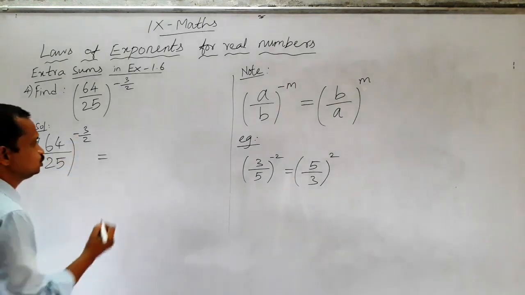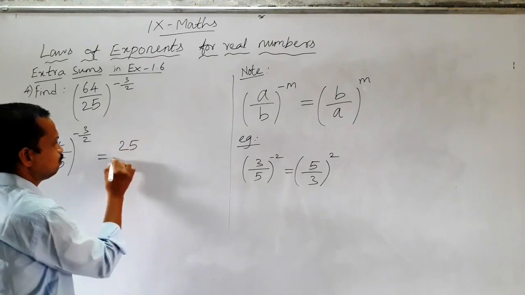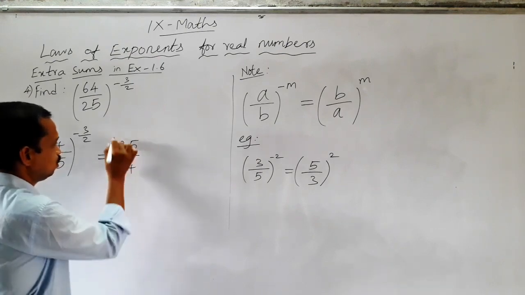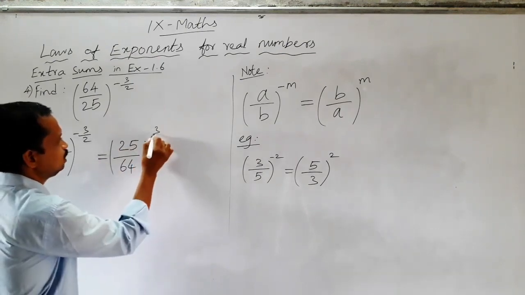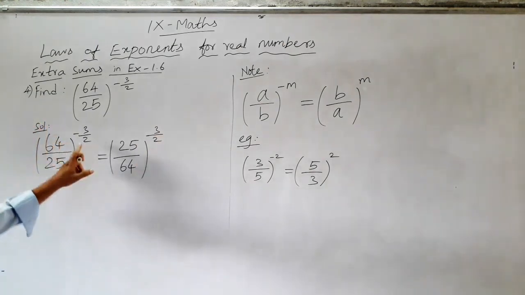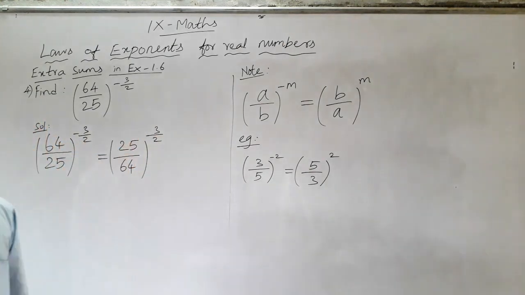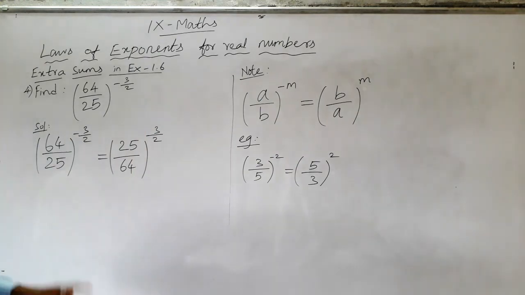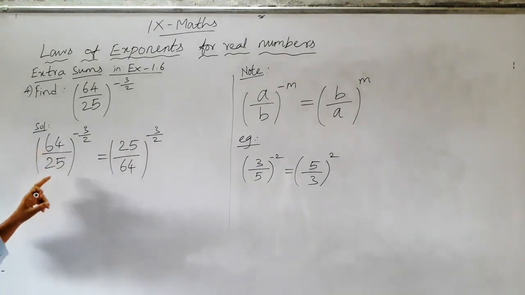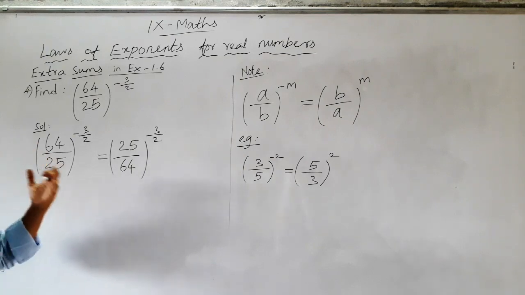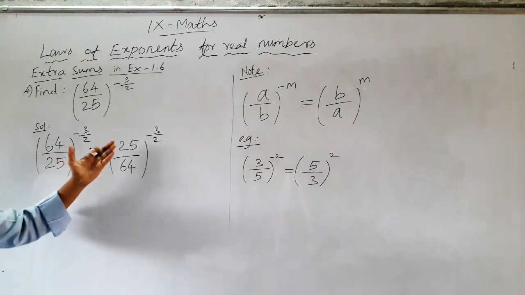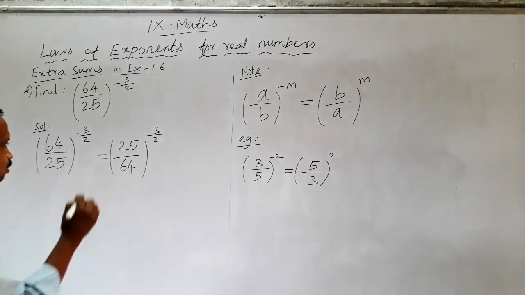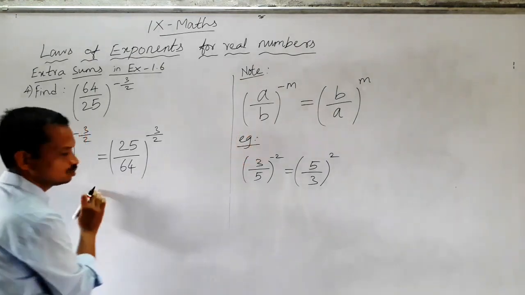To convert to positive, just write it as 25 by 64 whole to the power 3 by 2. You see the negative exponent becomes positive. Minus 3 by 2 becomes plus 3 by 2. You know how? By taking the reciprocal. 64 by 25, if you take the reciprocal, becomes 25 by 64. That's all. Remember, we are applying it this way.